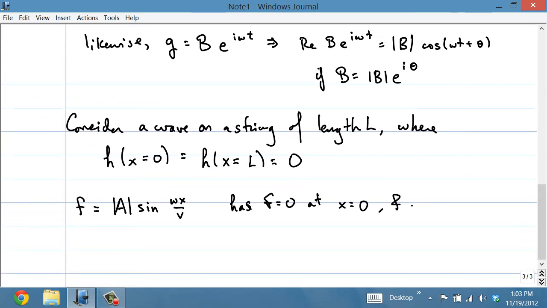And imposing f equal to 0 at x equals L tells us that when x is equal to L, the argument of the sine here has to be an integer multiple of pi, because sine of an integer times pi is equal to 0.